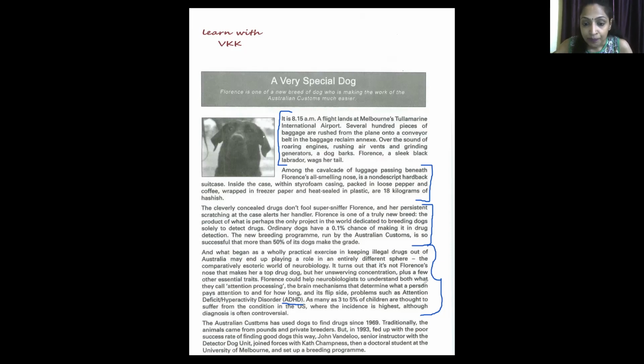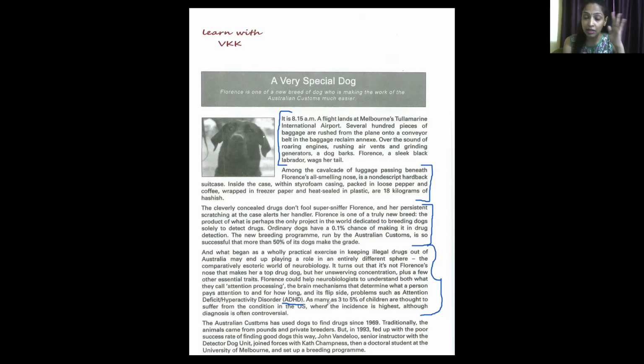It says, Florence could help neurobiologists to understand both what they call attention processing, the brain mechanism that determines what a person pays attention to and for how long, and its flip side, problems such as ADHD, attention deficit hyperactivity disorder. That's the full form. Now we know what ADHD is. So far, I'm not getting anything about methods of determining.